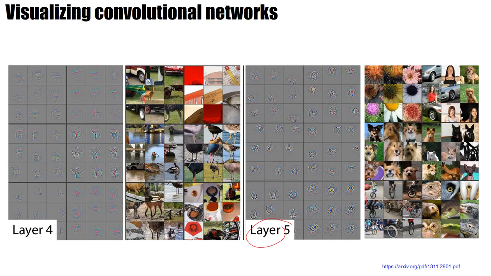Here I have one cell in layer 5, and the 9 best images that cause activation of that specific cell are all kind of bicycle wheels, single bicycle wheels. And now you see that we already get quite a bit of translation invariance. Here the wheel is more at the bottom. Here it's a little bit farther up and also a little bit larger. A similar kind of statement can be made with the cell that responds to these 9 images.